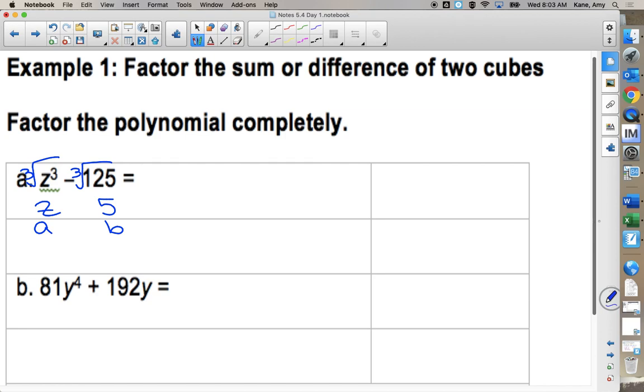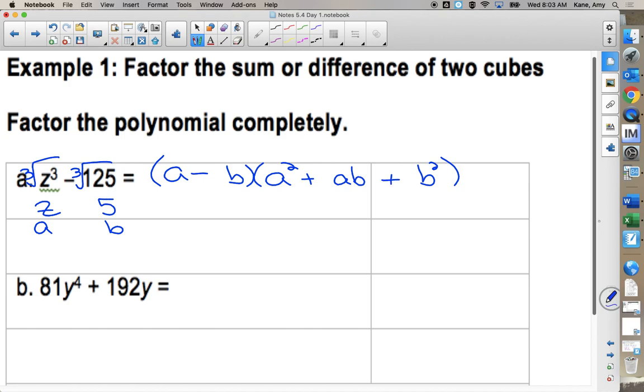So now I have a minus sign. The pattern is A minus B in the first parenthesis, then A squared, AB, B squared. That's always the pattern. And then the symbols are SOAP. So if I have a minus sign, it's because it's the same, and then the opposite, and then always a plus.